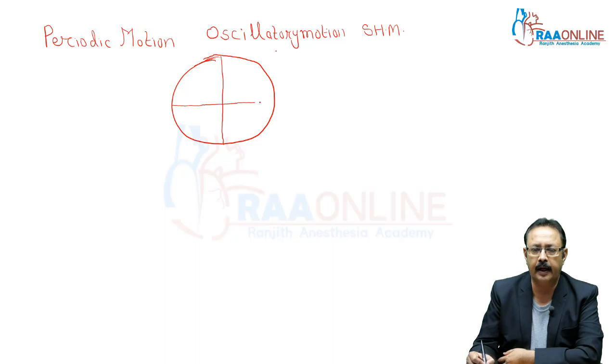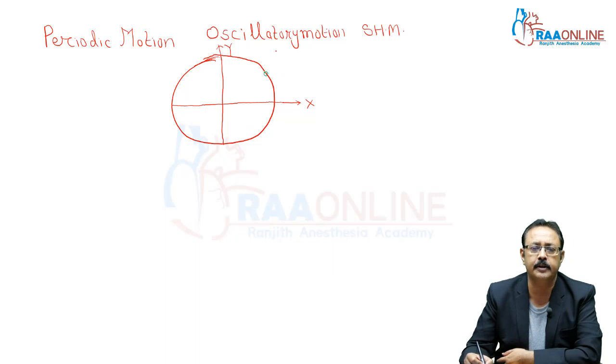This is the x-axis, diameter along the x-axis, and this is the y-axis. And the particle P is moving in a circle.